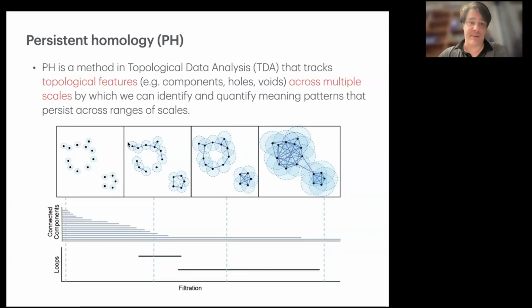Based on some radius, you create a simplicial complex by connecting two points if their distance is less than r, so if the balls of radius r around them intersect. And of course you have Vietoris-Rips complexes and Čech complexes.